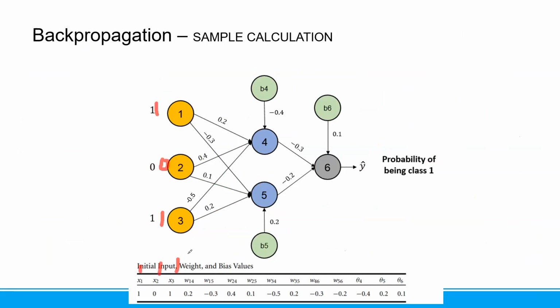And then we put in the weights. Weight 1 to 4 is 0.2. 1 to 5 is minus 0.3. 2 to 4 is 0.4. 2 to 5 is 0.1, and so on. For the bias, we have theta 4 is minus 0.4, theta 5 is 0.2, and theta 6 is 0.1.